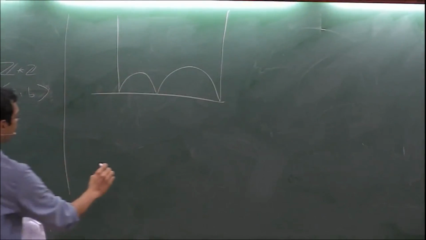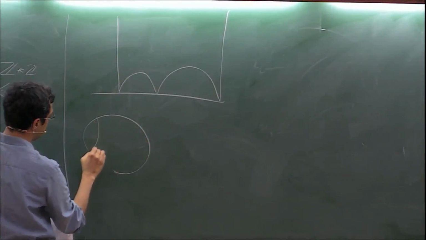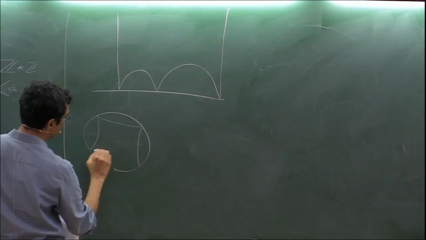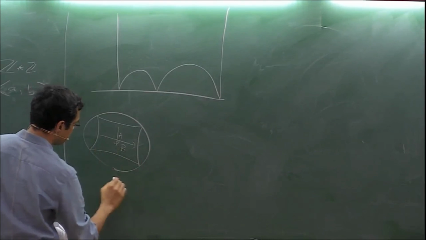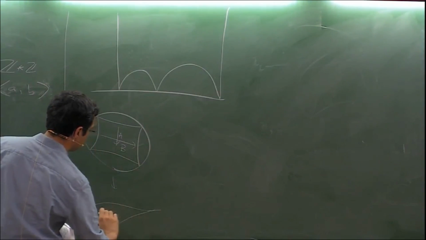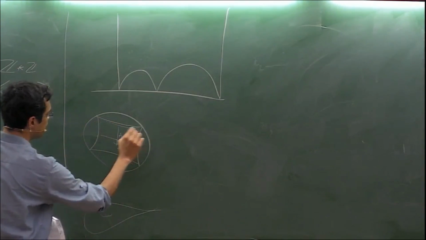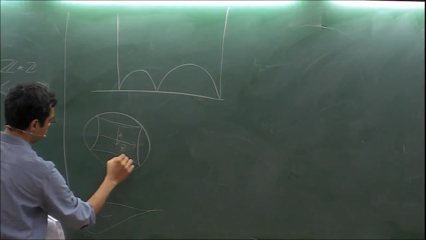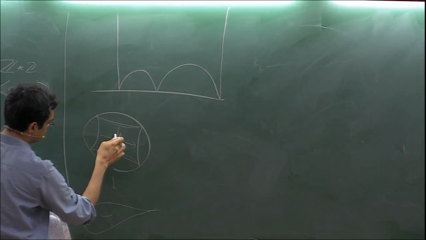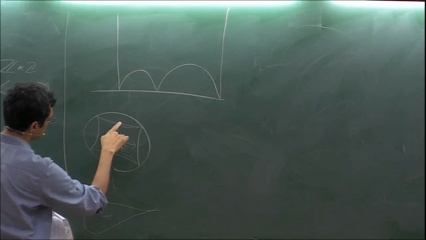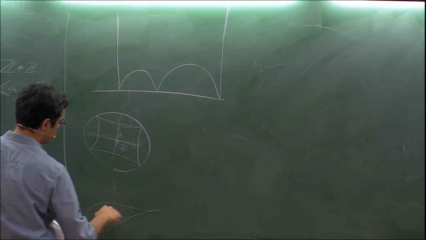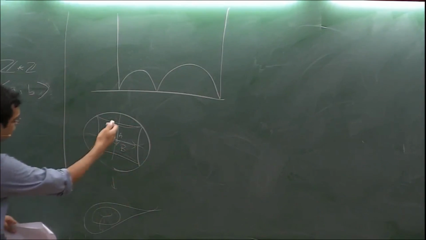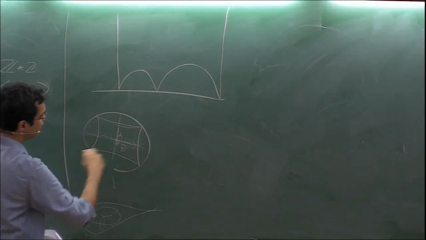A once punctured torus we get by taking an ideal quadrilateral, with A and B as the pairing. As a quotient, you want to get this. The axes of these elements give you curves, geodesics. So you want to start with an ideal quadrilateral.